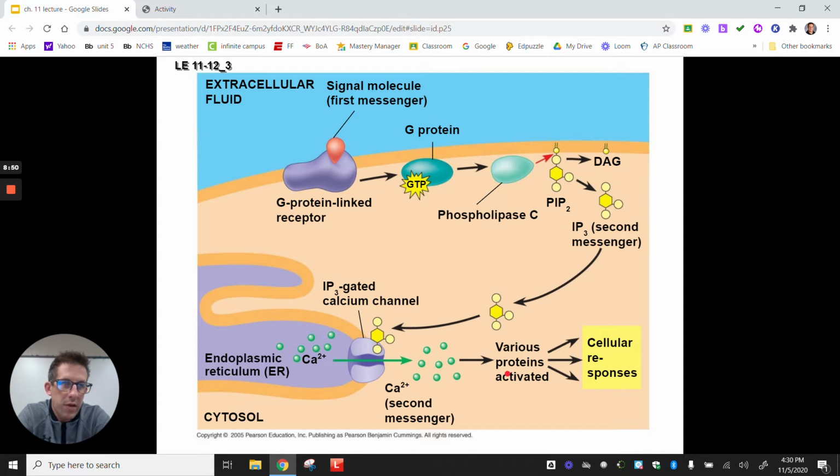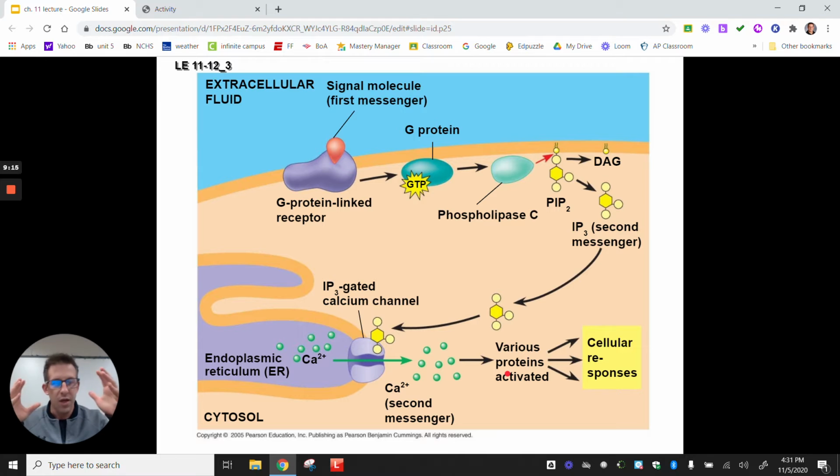I'm not going to require you to know that much detail about what second messengers do, but I want you to know their role in the entire process known as signal transduction, okay? I want you to know that they basically take the message from the receptor and they relay it to the signal molecules, okay? So do keep that in perspective.